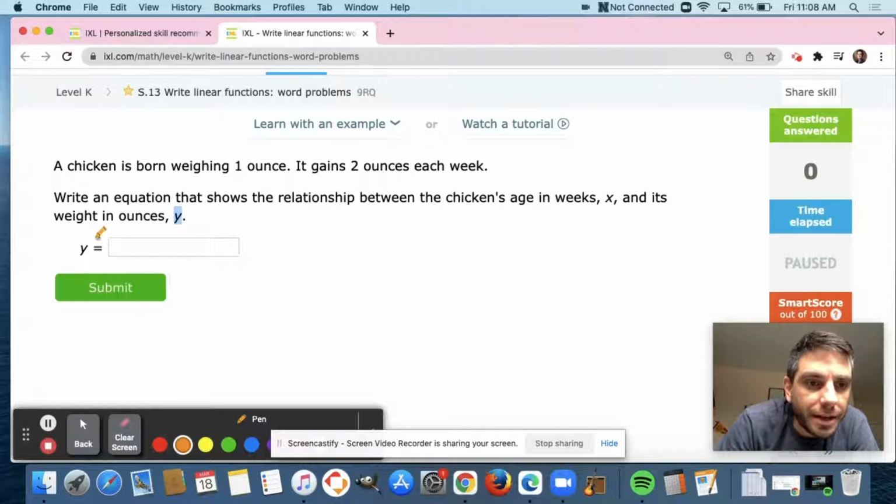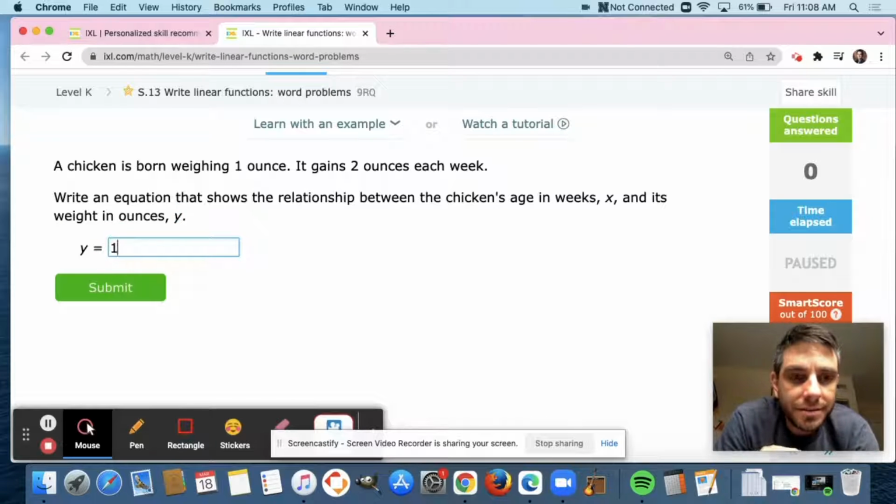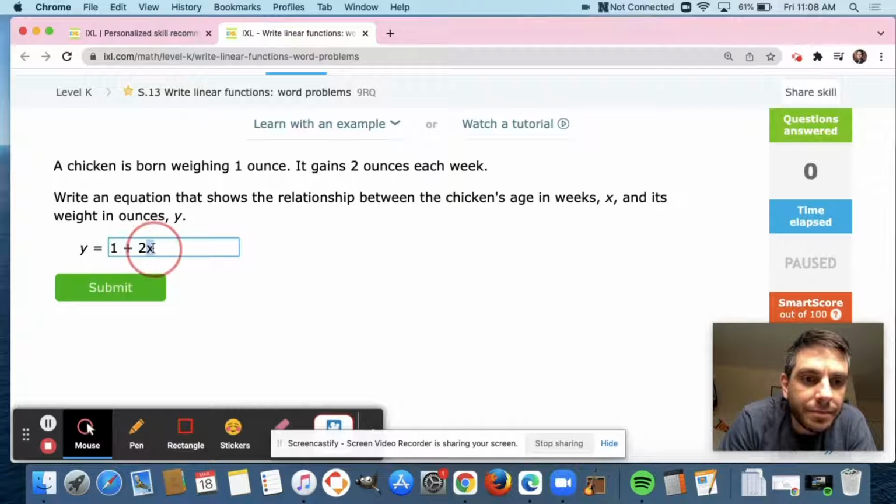So here's our Y. It says Y equals. Basically, you would interpret that as the total weight of this chicken is 1 ounce plus 2 ounces, an additional 2 ounces every week.